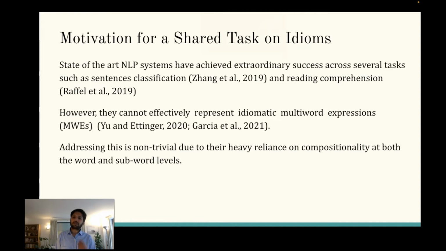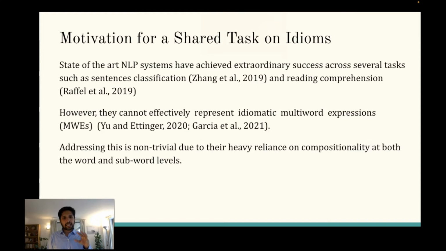Let me start with the motivation for a shared task on idioms. Essentially, state-of-the-art NLP systems, in particular pre-trained language models, are extraordinary in what they're capable of doing in terms of downstream task performance. However, it's been shown that they cannot effectively represent idiomatic multi-word expressions.